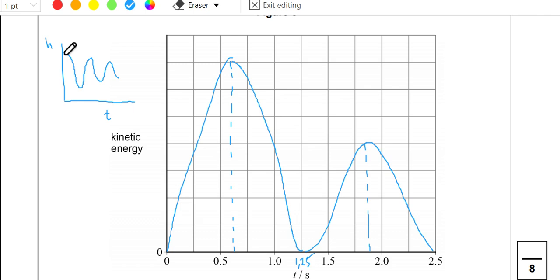So if we begin at maximum H, we begin kinetic energy at zero. Here we reach the equilibrium, at almost 0.6, so we reach the maximum value of kinetic energy.